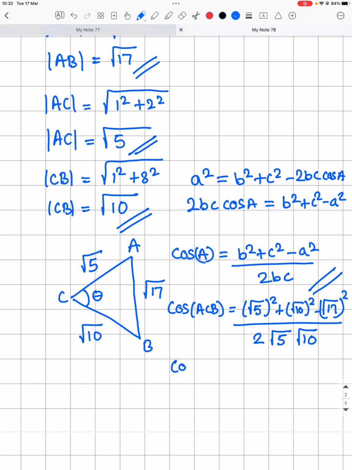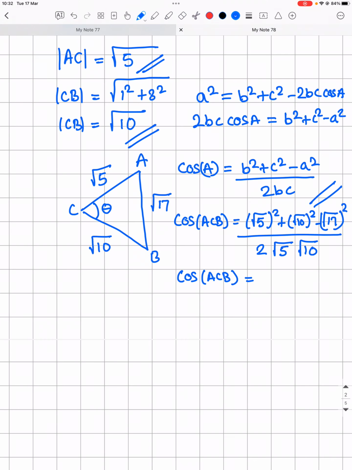So then I get cos ACB as, so that becomes 5 plus 10 minus 17, so 15 take away 17, which is just negative 2. So I get negative 2 over 2 root 50. The 2's cancel. So then I get cos ACB as minus 1 over root 50.